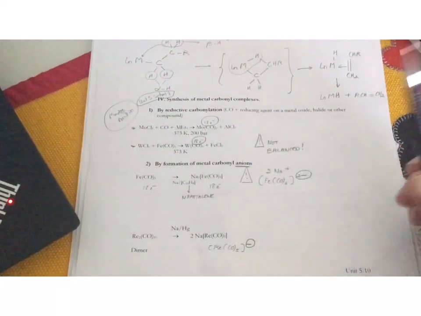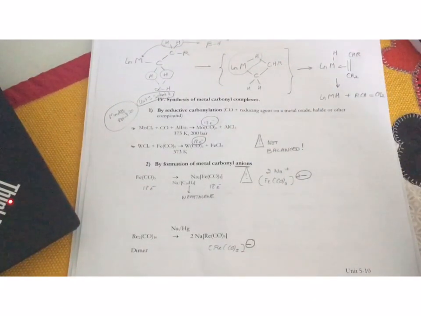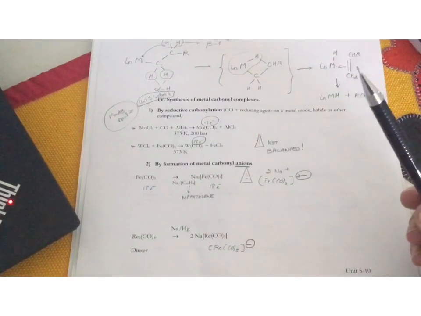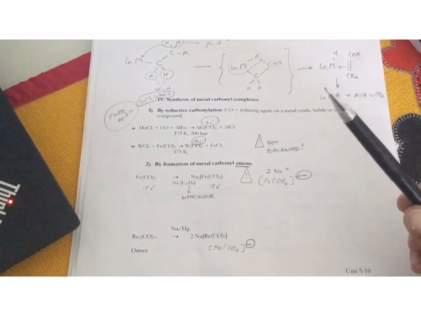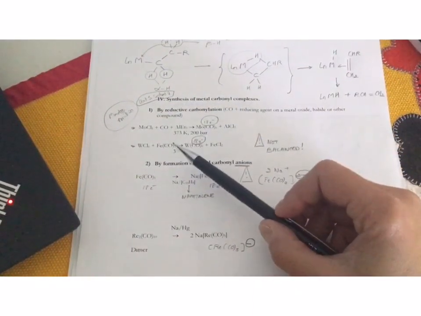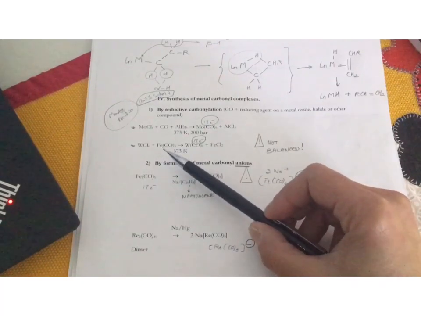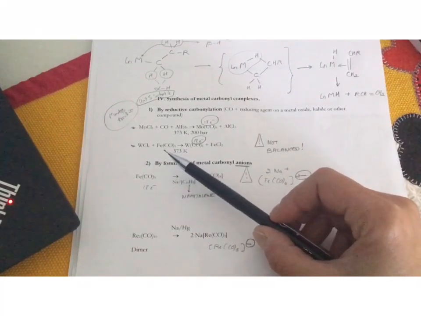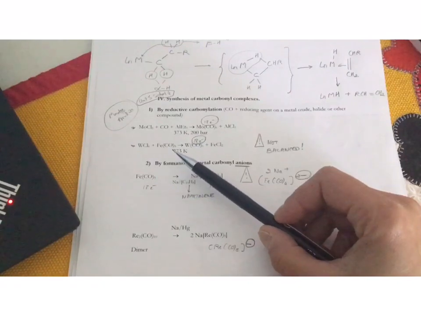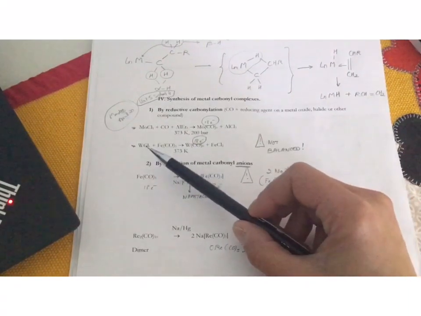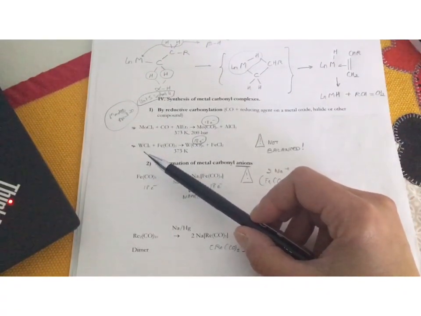The other thing that can happen is that maybe you actually do want to have a carbonyl metal complex, but you don't start with the right one. What I mean by that is, if you, for example, start with a carbonyl complex containing a metal center that is iron, but you do not want to form an iron carbonyl complex, you would rather have a tungsten-based carbonyl complex.